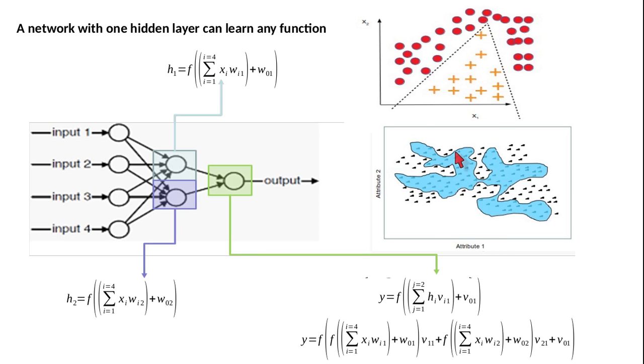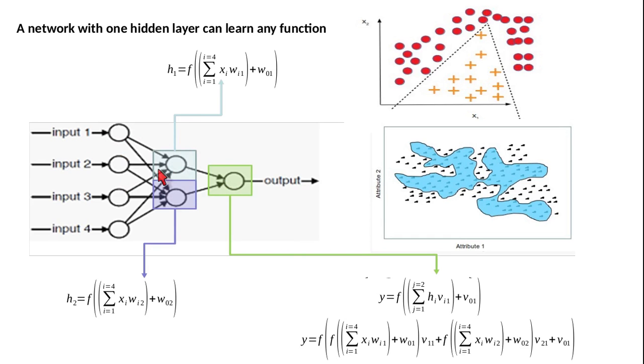Even if the data is arbitrarily distributed, we saw that by increasing the number of nodes in the hidden layer, even this data can be classified. For example, in the case of this neural network, we have 4 input nodes, 2 hidden nodes, and 1 output node.